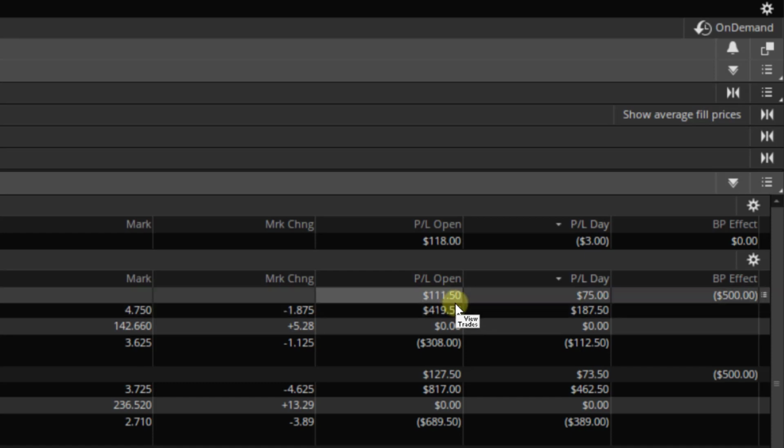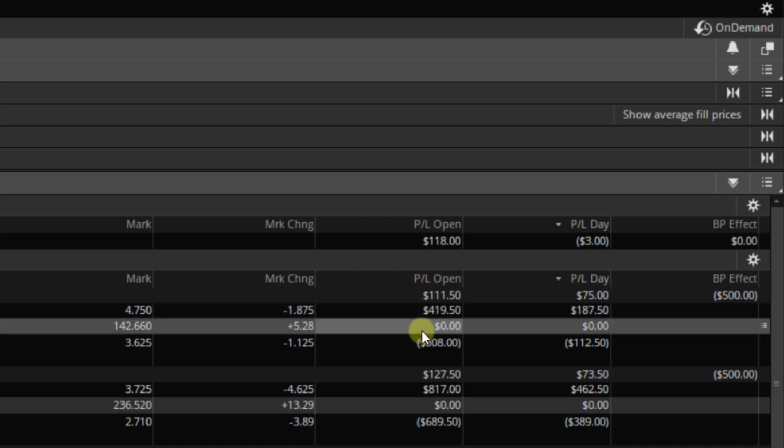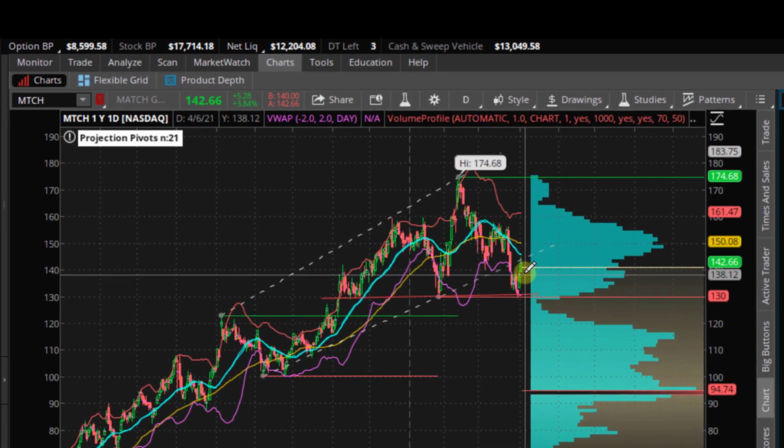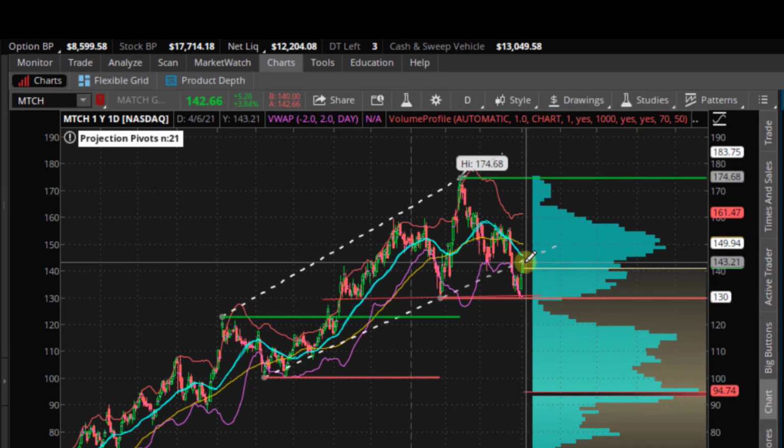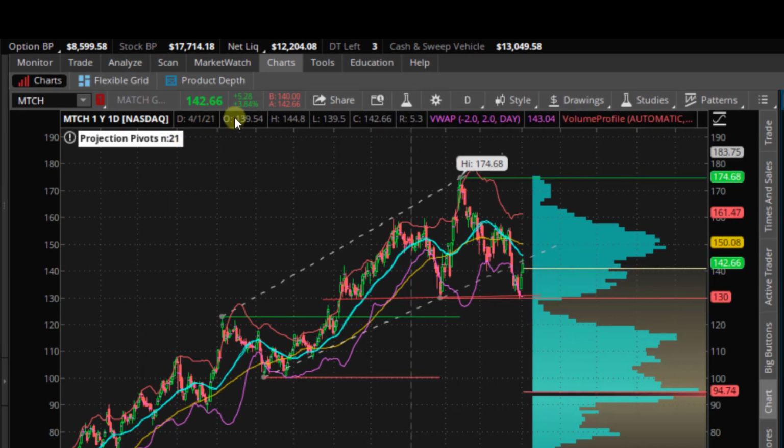So in just a few days, I've made about 50% of the max profit already, because as you can see, the stock had a good couple days and now is at 140.42.